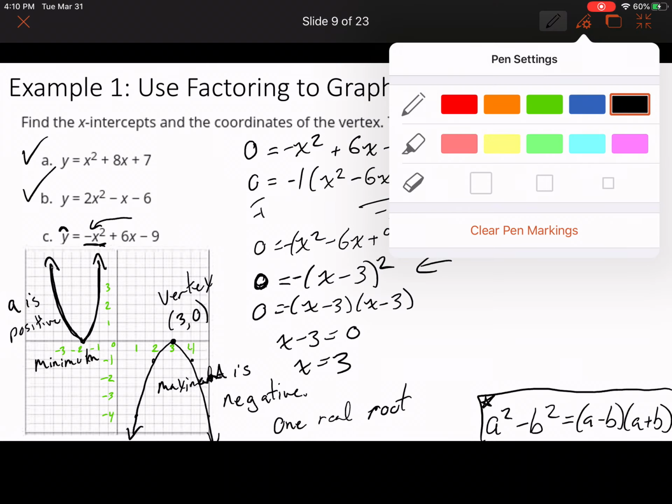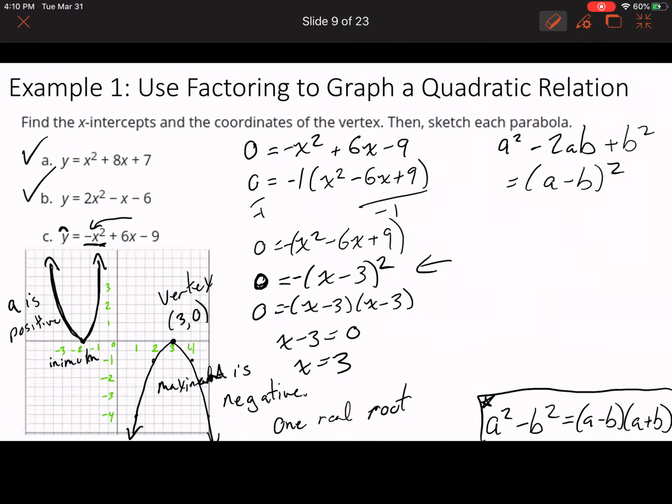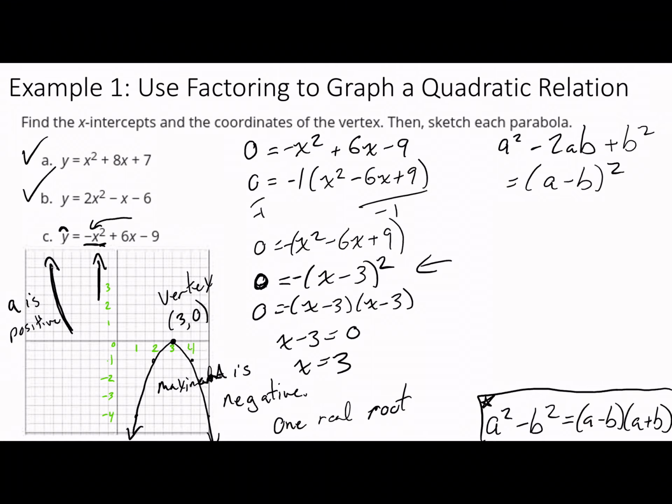The other one is just an example if it was positive, but ours is negative. So I'll erase that one so it doesn't get confusing if you're looking at that after. But our vertex is our x-intercept because we only have 1 real root in this example.